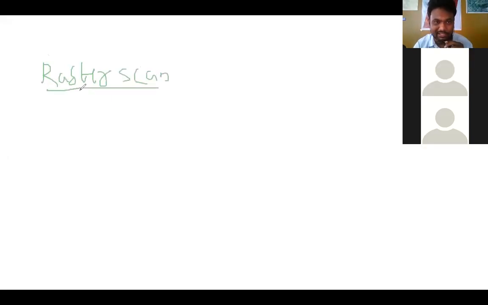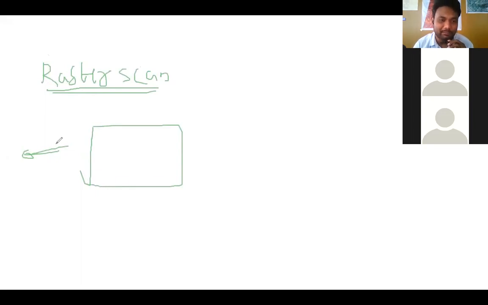In the raster scan display, we want to create the triangle. First this is your cathode, this is the beam, and suppose this is your monitor. The beam will start drawing the line from here, go on like this, come to here, and go on like this.